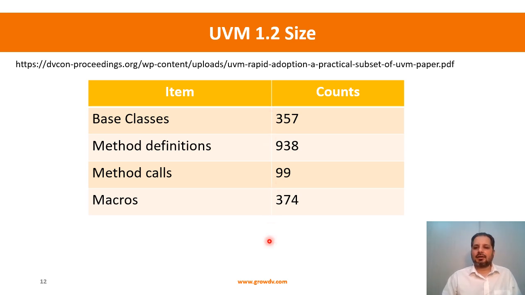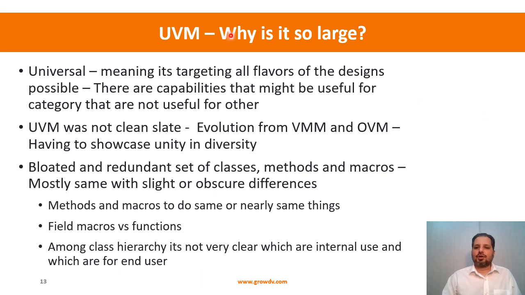If you look at it, this is a big size, right? Now the question will come to your mind: why is it so large? To some extent, UVM is universal, meaning that it targets all flavors of designs possible. There are capabilities in the test bench that might be useful for one category. Let's say you are doing processor design verification, there will be some capabilities that you would be using.